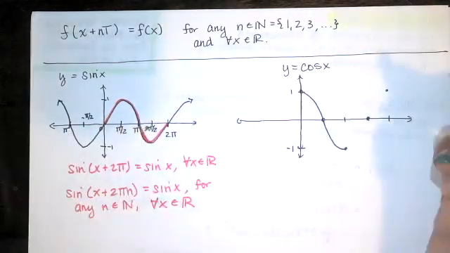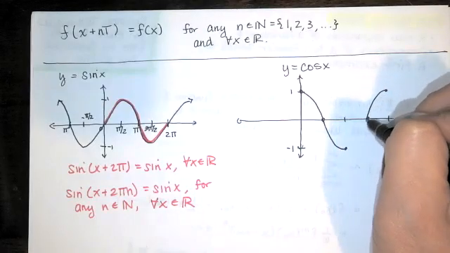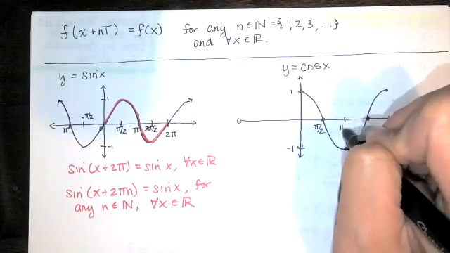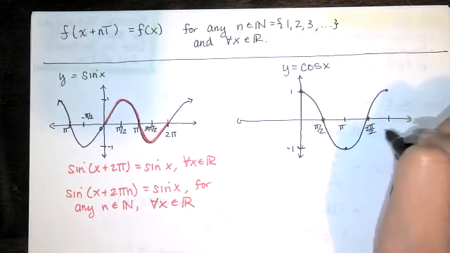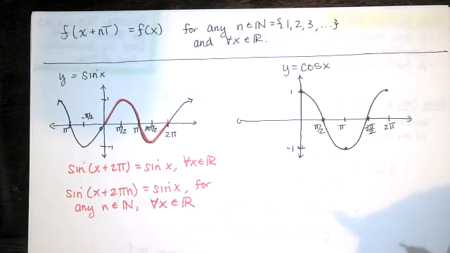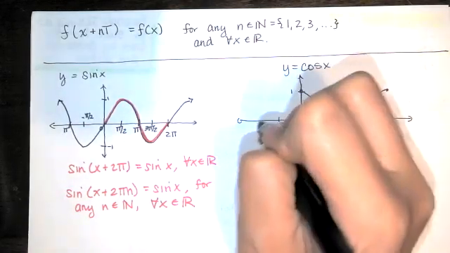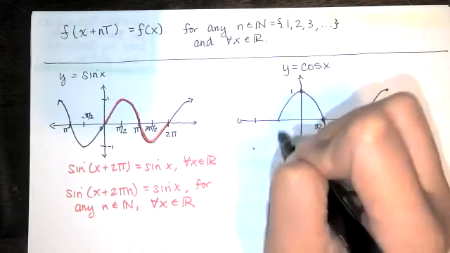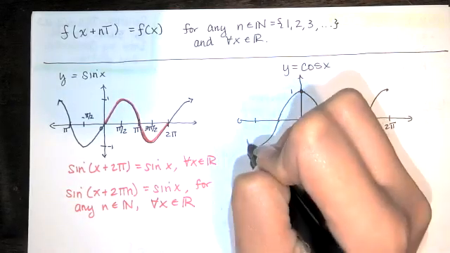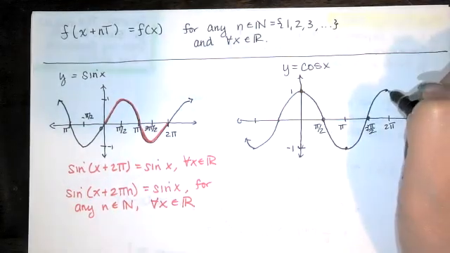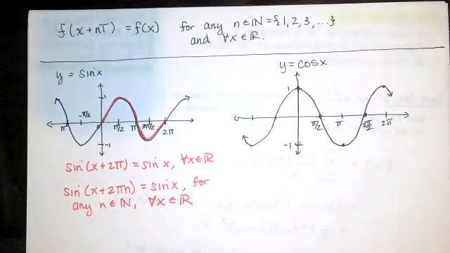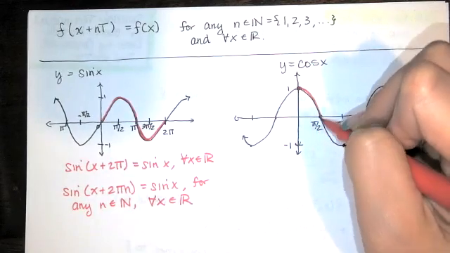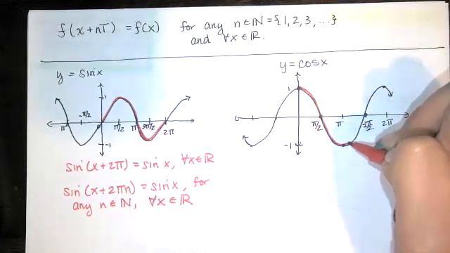It's actually just 90 degrees off, or pi over 2 radians off from that sine function. And you can keep going like this. And this is what we traditionally think of as one period. That first period goes from 0 to 2 pi.